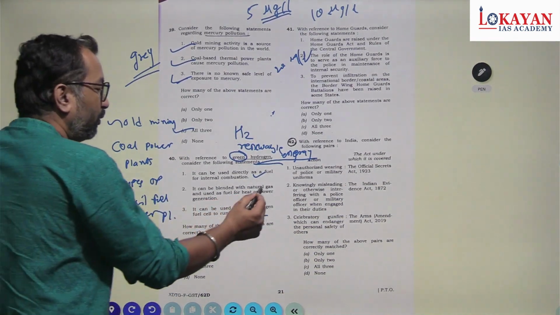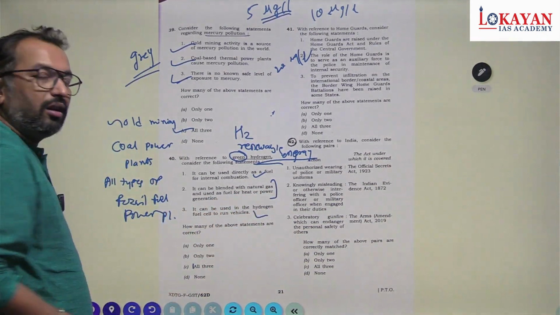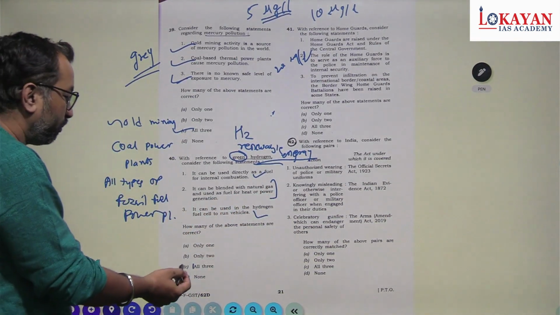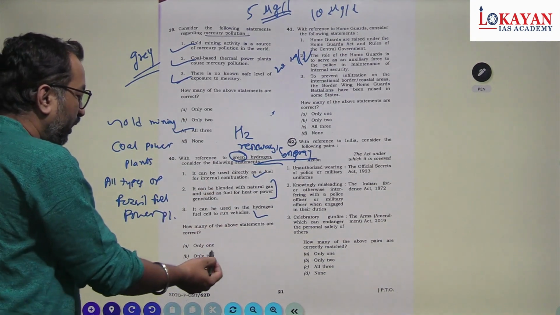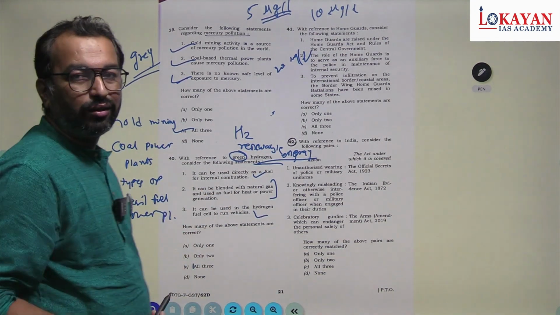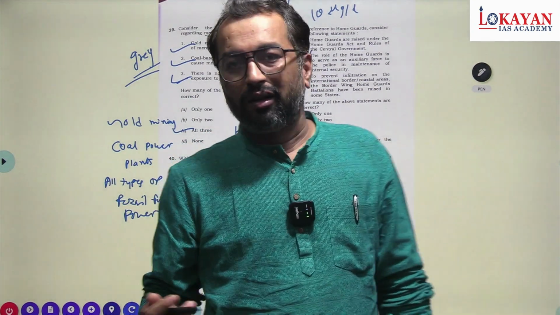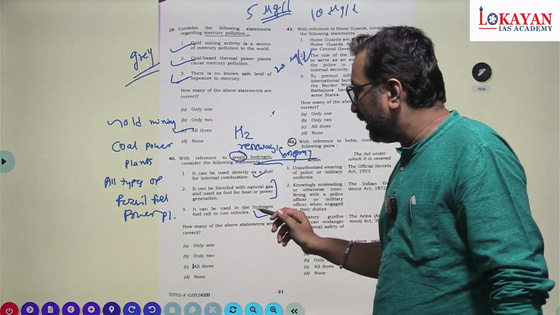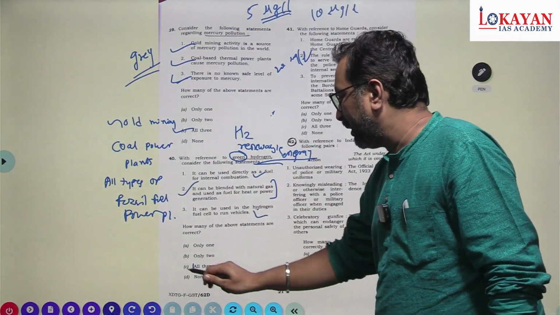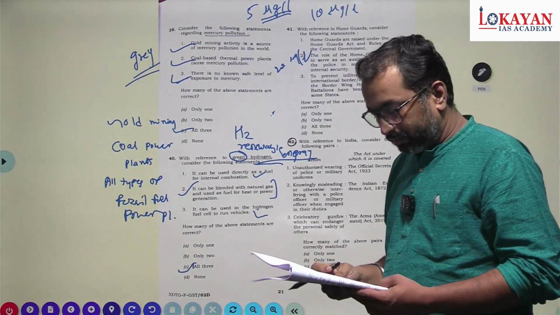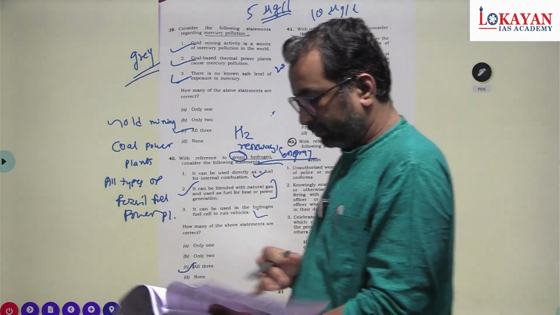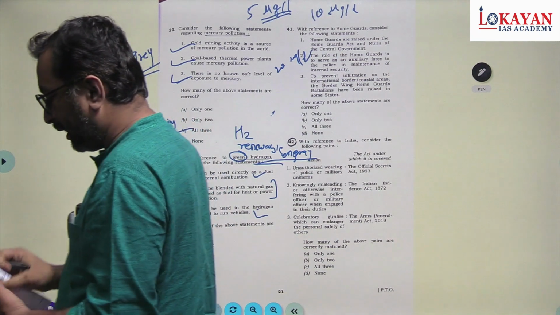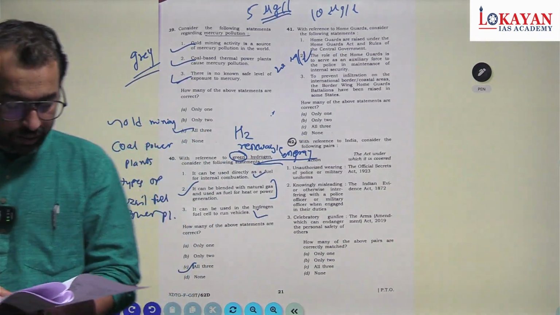And if you are confused with the third option, sometimes the kind of options will help you because there is only one, only two, all three, or none. So options are quite direct. So if first and third is right, then second is going to be right. So all three are correct here. All three are correct. Next question.